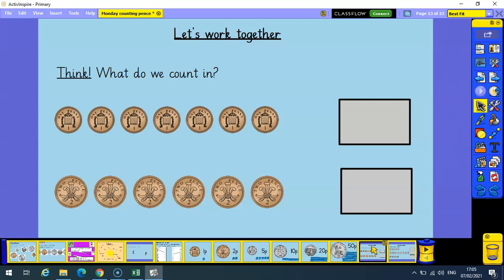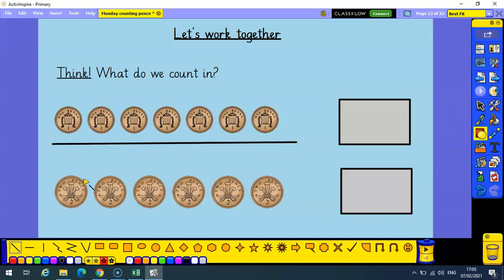Okay. So when we're counting money, we have to remember, by looking at the different coins, what we are counting in. So when I am counting 1 pennies, I count in ones, just how I usually count. Can you help me count how much money I have?